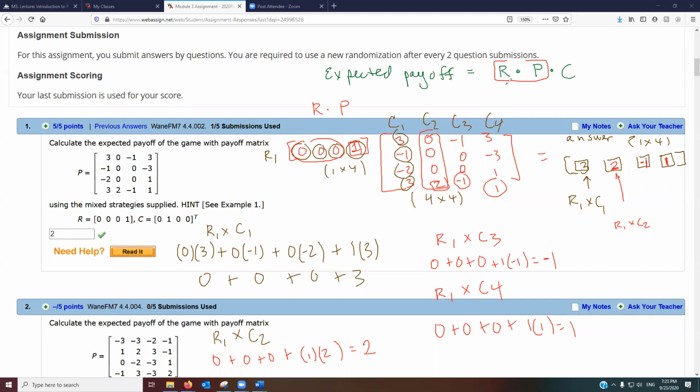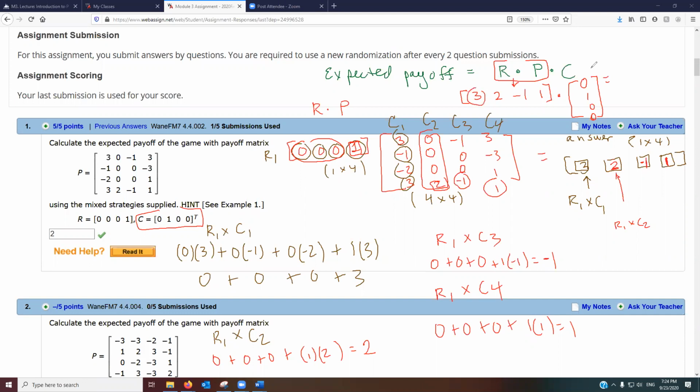All right, so what we ended up with for this multiplication is 3, 2, negative 1, 1. Now we're going to multiply this by this column matrix, right? So C is this column matrix, which is 0, 1, 0, 0. Okay, let me fix that on the bottom here. That's not right. This is a 0 and a 0. All right, well, I'm just going to multiply the corresponding entries.